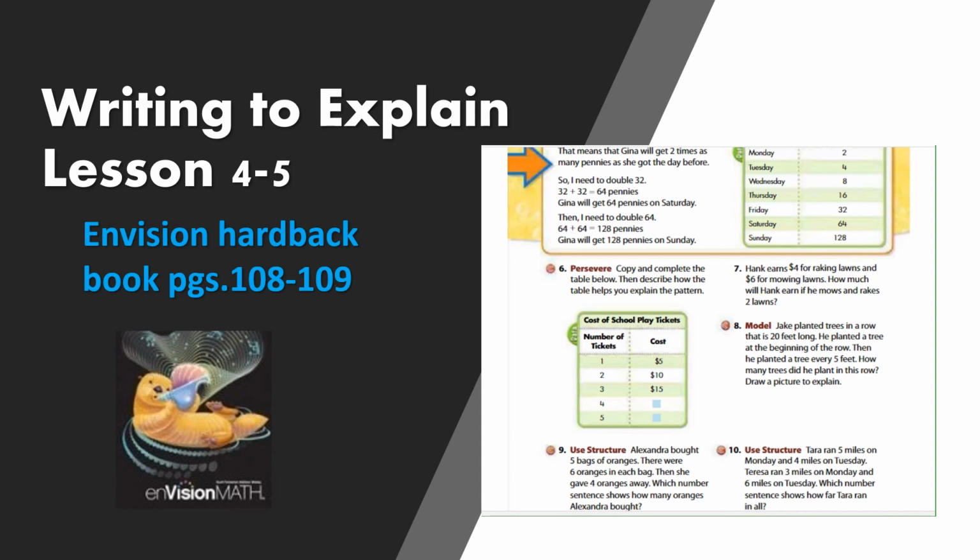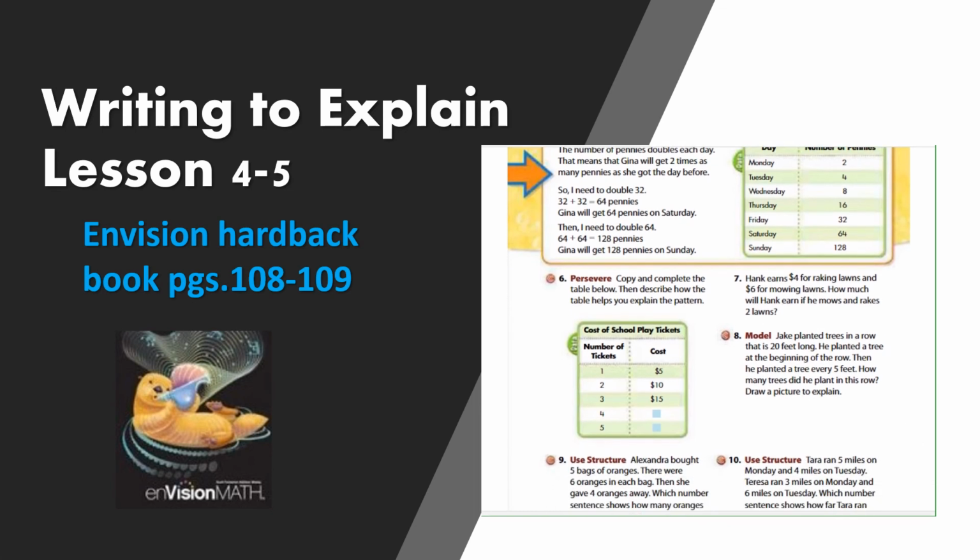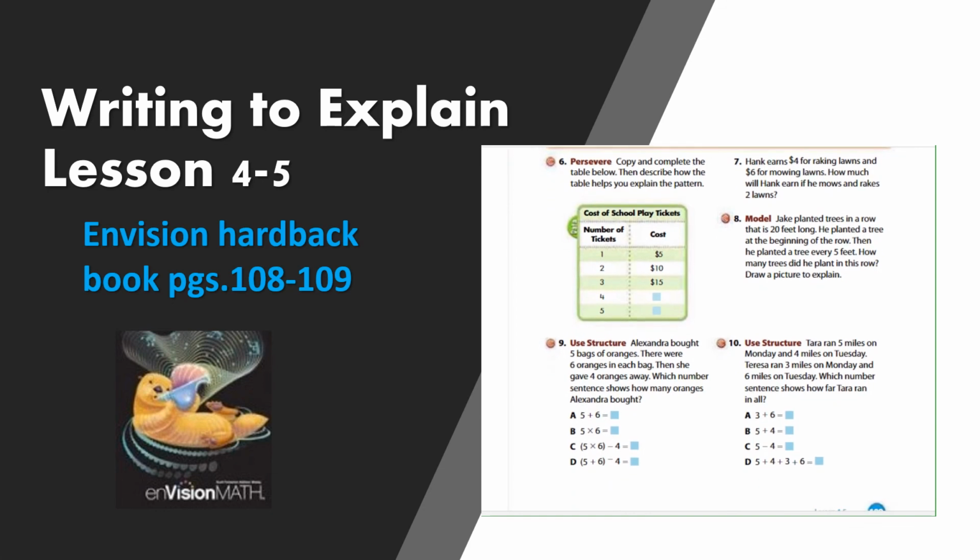You could do a horizontal, side-to-side type of table, or you could do a table that went up and down, and instead of having one column for each lawn, you could have 2 columns. One column could be raking, and the other column would be mowing, and the first column would be number of lawns. So just a suggestion, one of those ways to use your tables like we've been talking about.